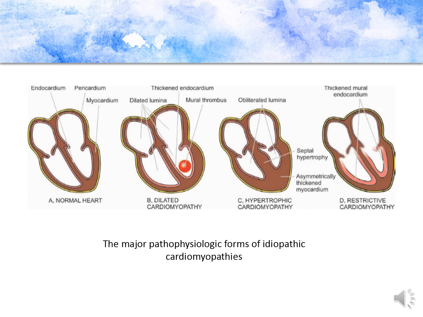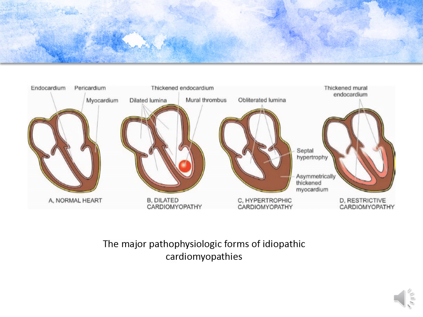And in case of dilated cardiomyopathy, you see the thickened endocardium, dilated lumen, and sometimes we see the mural thrombosis.